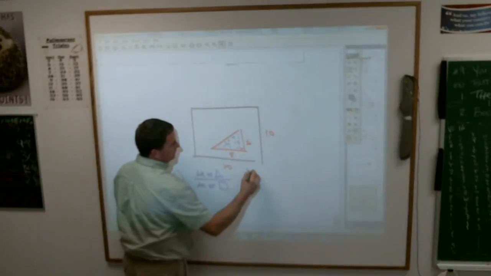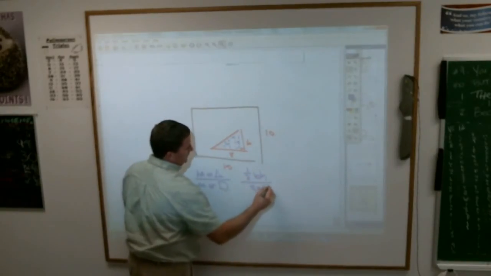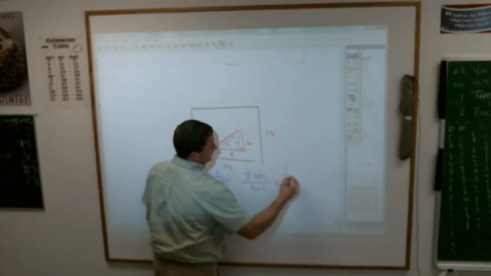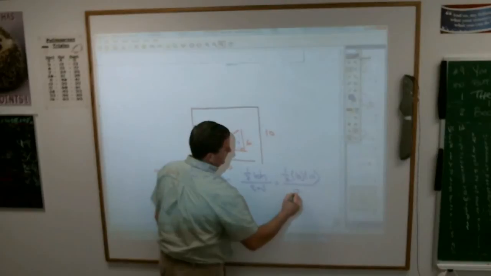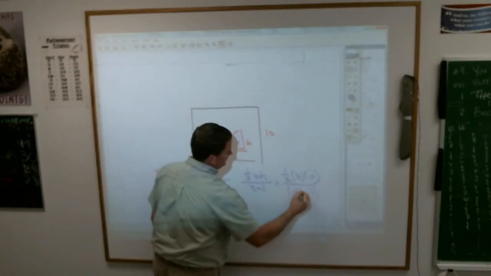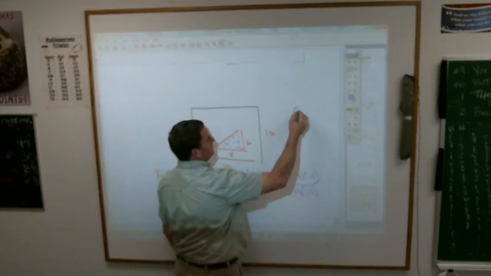So it's 1/2 base times height over side times side. It's 1/2 of 8 times 10 over 10 times 10. If you do all the calculating there, you end up with, Gary Ronning, 6/25. I believe that is correct.